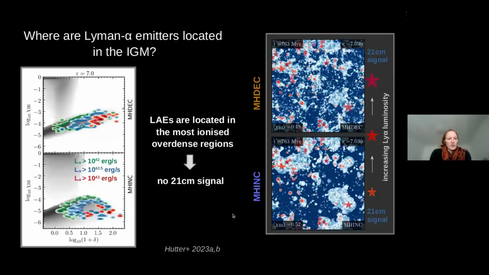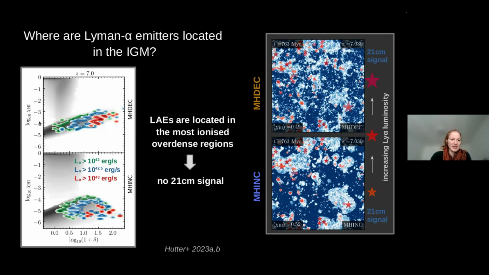All right, so the key question now is, Lyman alpha emitters have a special property. Because the Lyman alpha radiation is sensitive to neutral hydrogen, what happens is that they essentially need to lie in the most ionized regions. And so we just wanted to check whether in our Lyman alpha emitter model, they really lie in the ionized regions.